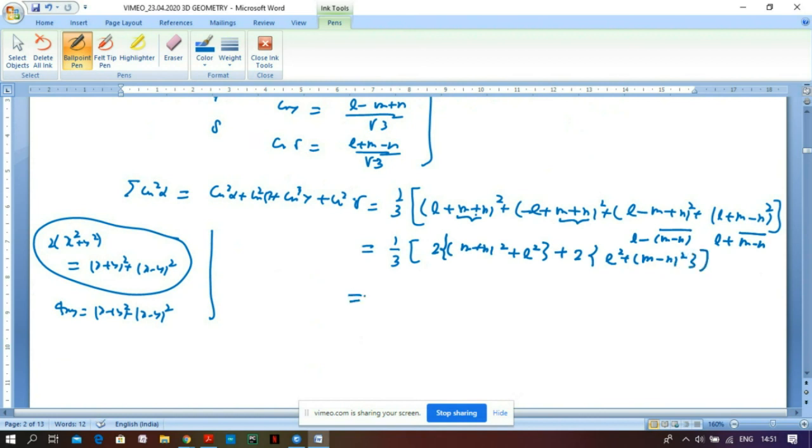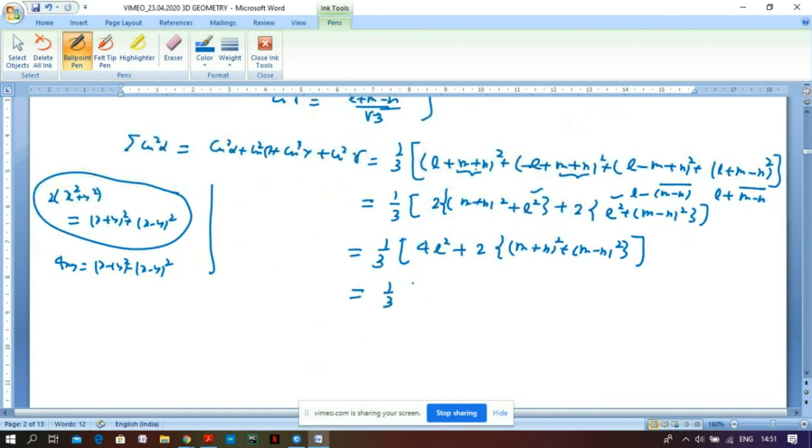That's good. So 1/3 of, you get 2 and 2 l squared, so 4 l squared is already out, and again 2, and you club them, (m + n) squared plus (m − n) whole squared, and close the bracket. And 1/3 of 4 l squared plus, again apply a third time.